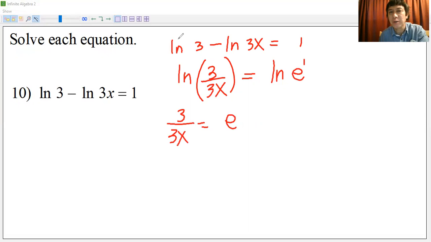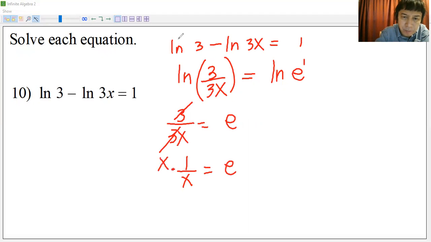Then we can drop the ln's so that the reduced equation is 3 over 3x equals e. And you can see very well the 3 cancels out, and we will just have 1 over x equals e. All right, so we shall multiply both sides by x. And this cancels out.